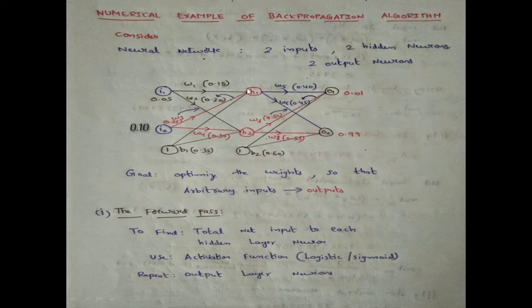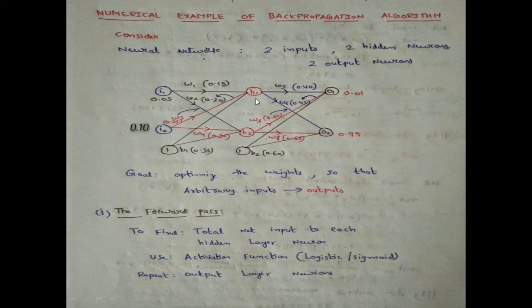To produce the output, we use the logistic or sigmoid activation function at each hidden layer neuron, H1 and H2, and then we repeat the process with the output layer neurons also.